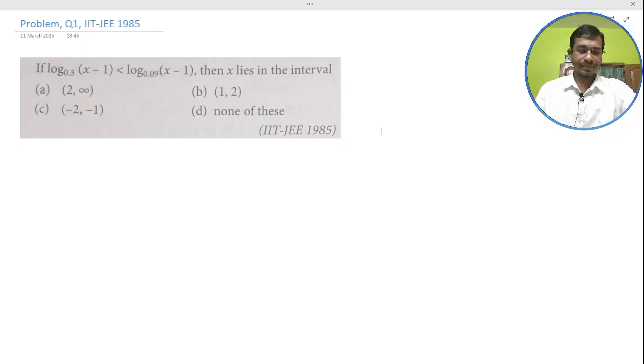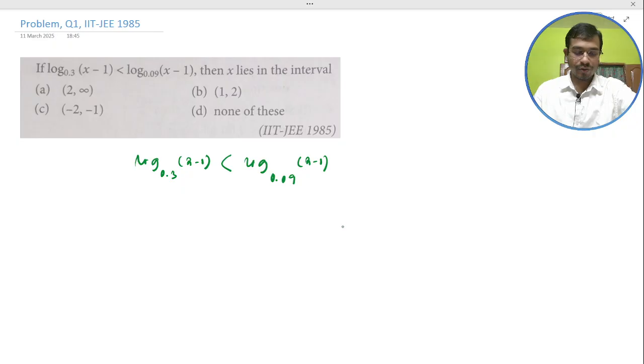This inequality, log base 0.3 of x minus 1 less than log base 0.09 of x minus 1, is equivalent to, that implies, log base 0.3 of x minus 1 minus half log base 0.3 of x minus 1 less than 0.